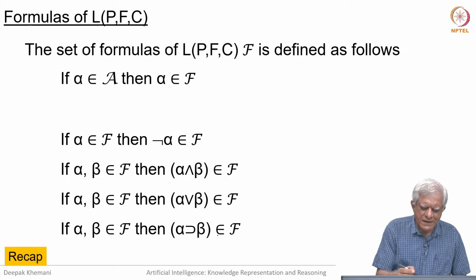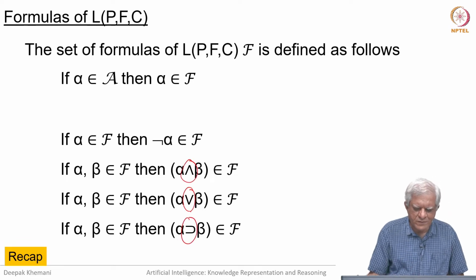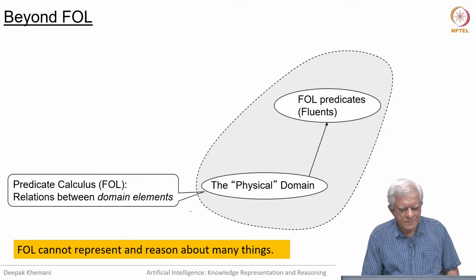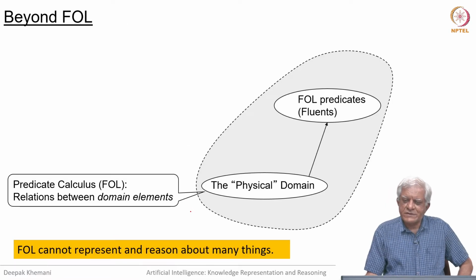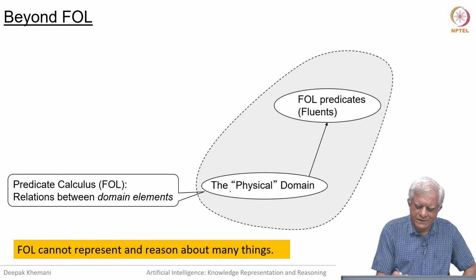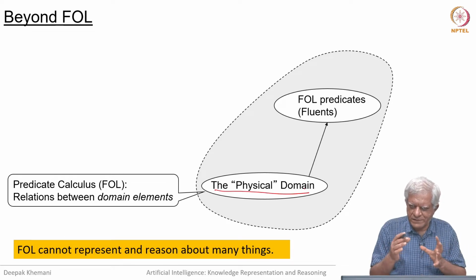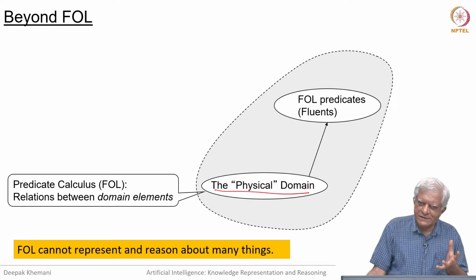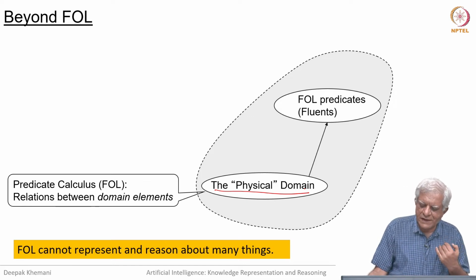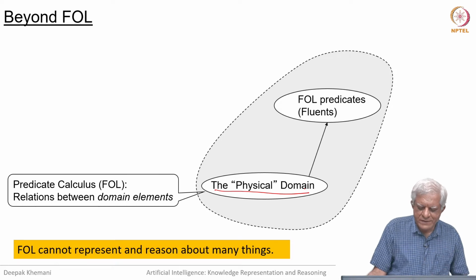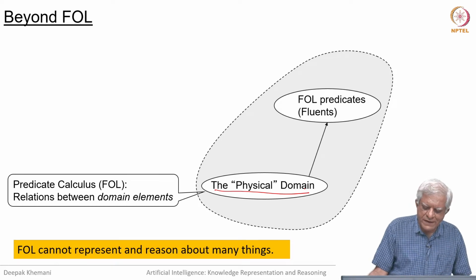Then we could apply the logical connectives, and we could get more formulas. So, this is the situation. We have the physical domain, which is what we are trying to talk about, and we have this first order logic language, in which we have predicates, and those predicates talk about things in the domain.